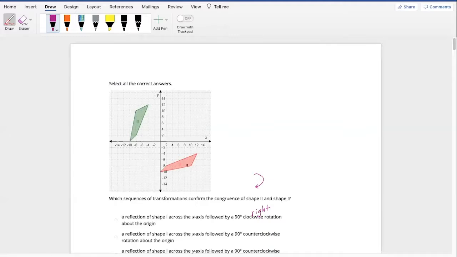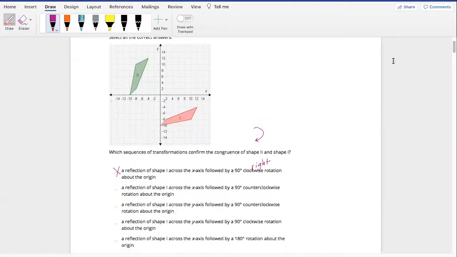So if I'm up here and I go to the right, that's not going to get me to shape 2. So that one does not work. We kind of have to go through all of these and just think about it. If I do these to shape 1, am I going to end up on shape 2?